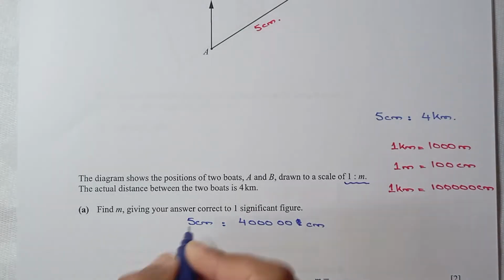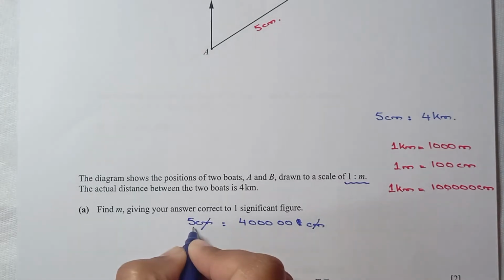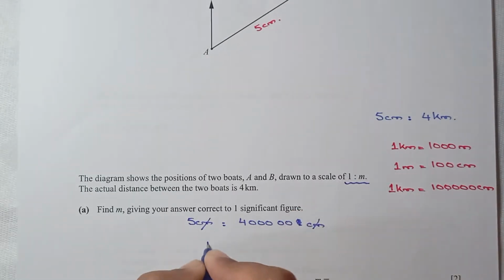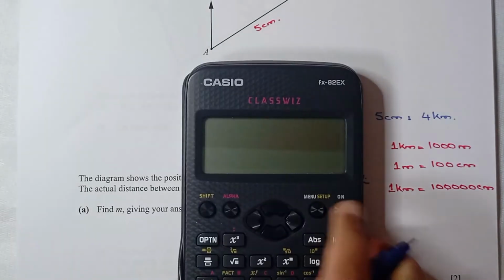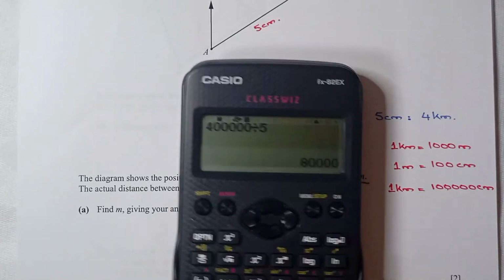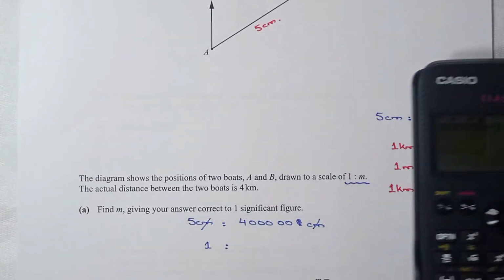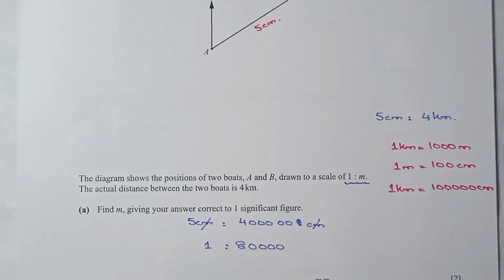Now centimeters cancel with centimeter, so we need 1 over here. So for 1 ratio, we need to divide it by 5. So 4 1 2 3 4 5 divided by 5, that would be 80,000. Yes, so the value for M would be 80,000.